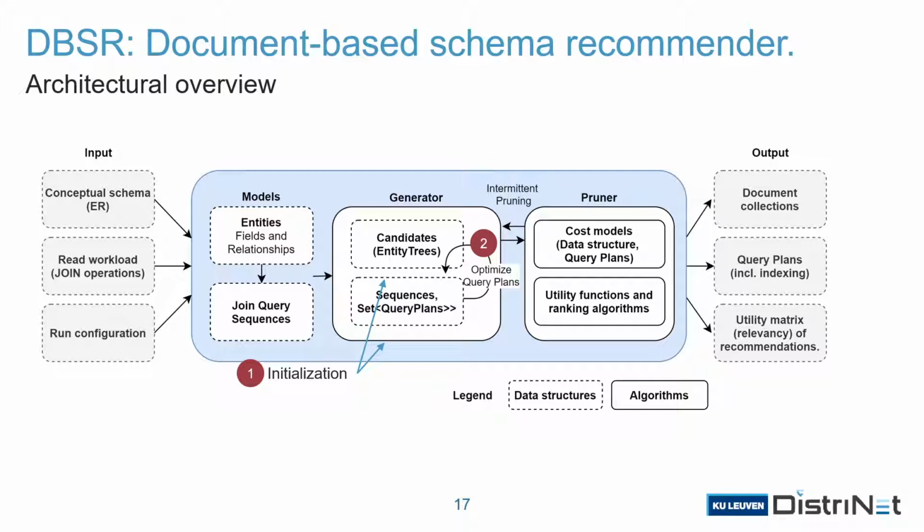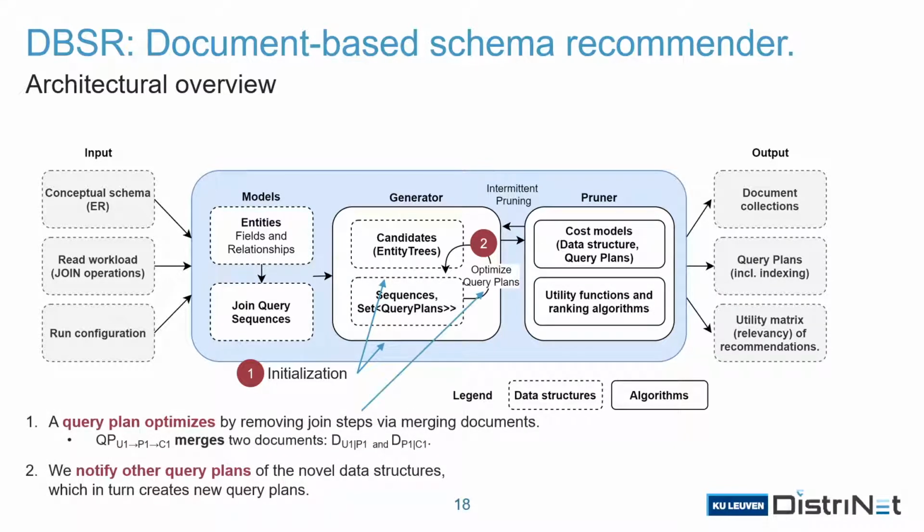So the generator will select the next query plan for optimization, and it will optimize a join step by actually eliminating it through merging two documents together. So if we have the query plan which joins users with the product information that it sells, and also the specific buyer comments that were present on those products, we can optimize this query plan by merging together users and products, or products and its comments, in a single record.